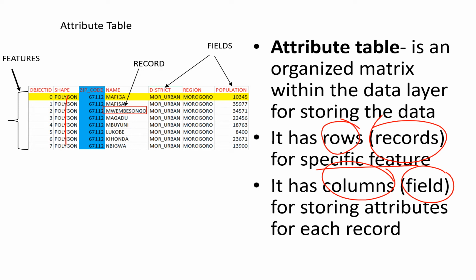So we have maybe 7 polygons, and each polygon represents the boundary or a specific area, and this is within the Morogoro municipality. And I'm assuming that these polygons represent some of the wards within the Morogoro municipality.